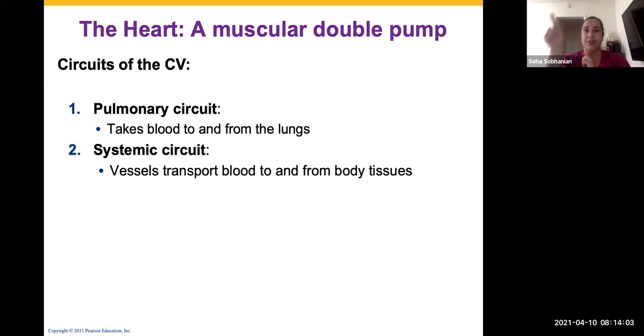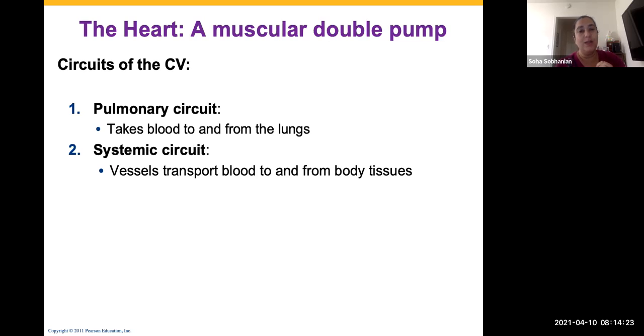That's a circle, right? Anytime you think about a circle, cycle, or circuit, it has to start from one point and then come back to the same point. So the pulmonary circuit starts from your heart, goes to your lungs, and comes back to your heart.